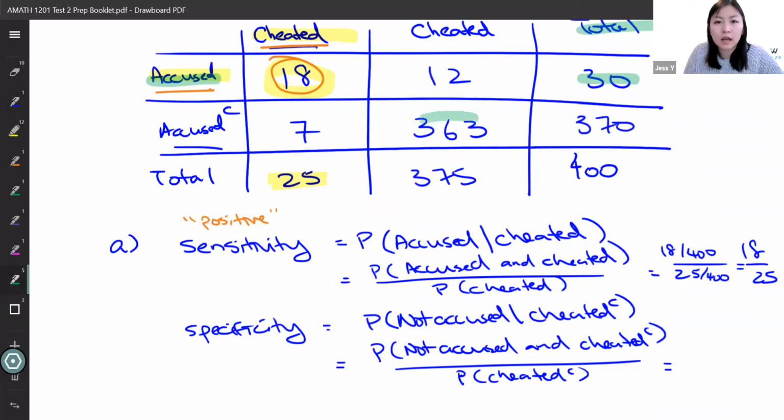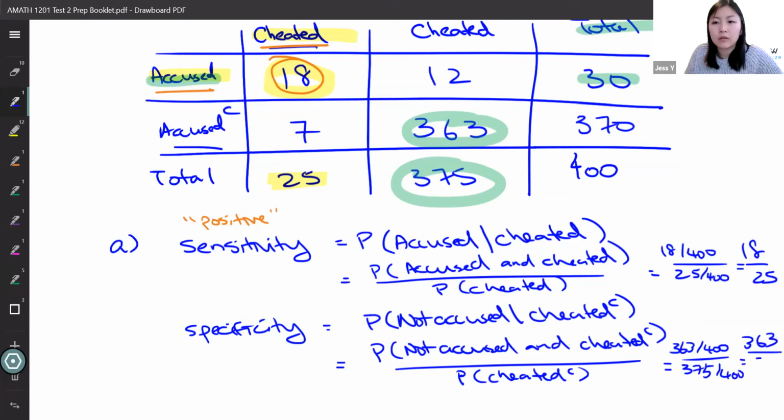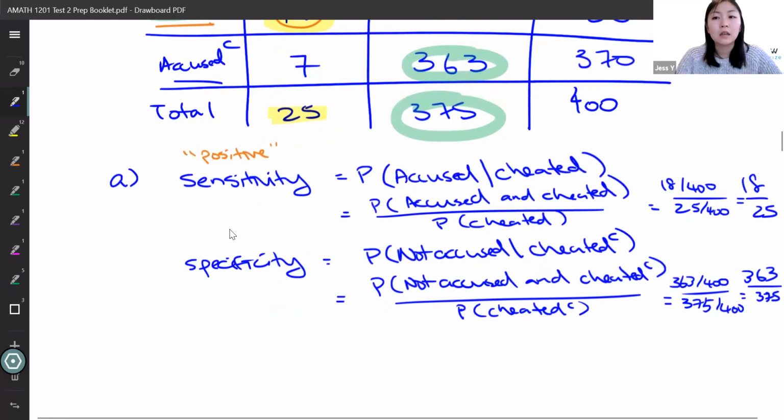So that's this one here, 363 out of 400, divided by the probability that they did not cheat. So that's 375 out of 400, or simply 363 out of 375. Okay, so that's sensitivity and specificity of a test.